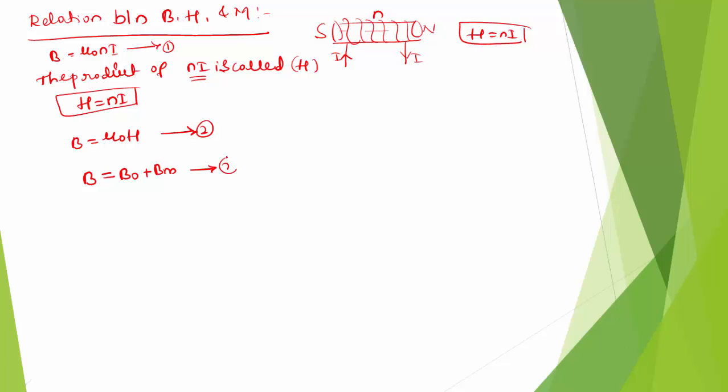That is equation number 3. Bm means it is the magnetic field contributed by the core of the material.